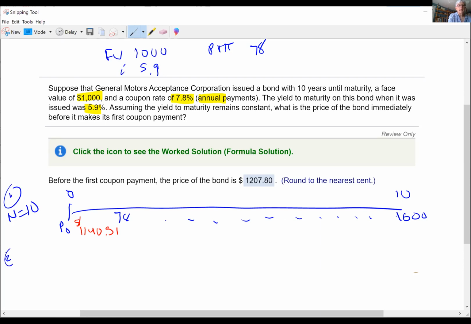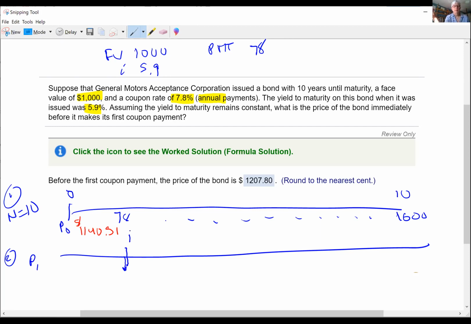For the second one, we're going to say, okay, what is the price at year 1 immediately before we pay the coupon? So what that means is we're still going to get that coupon.